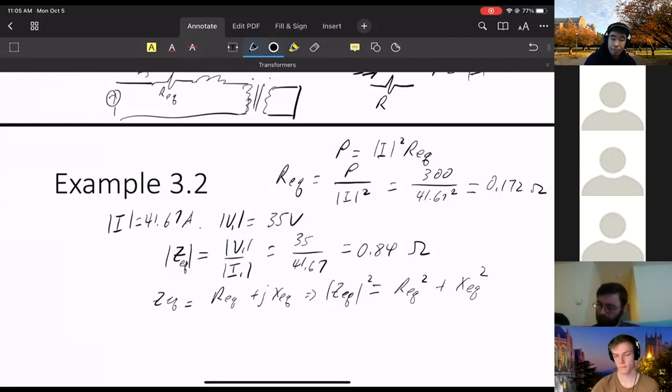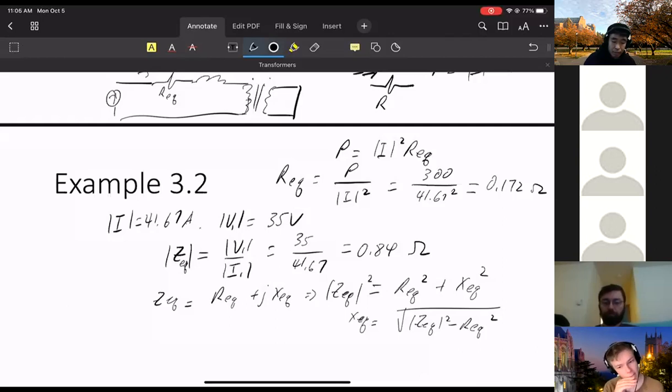I know the magnitude of Z equivalent and I know R equivalent, so X equivalent is the square root of the difference. Plug everything in, and this is 0.8 ohms. Any question with this calculation?